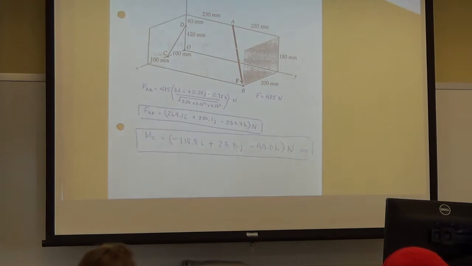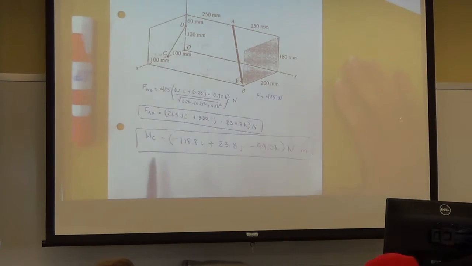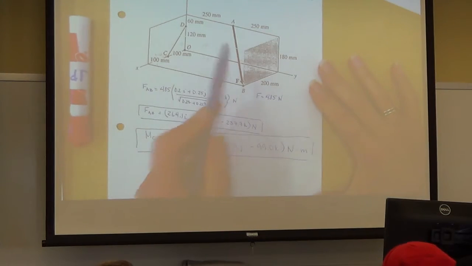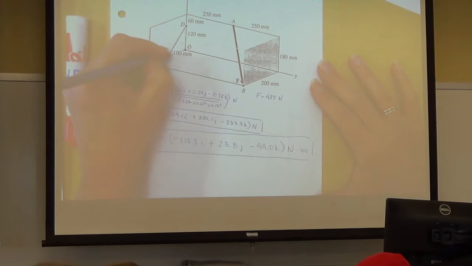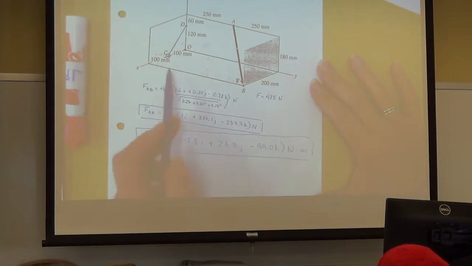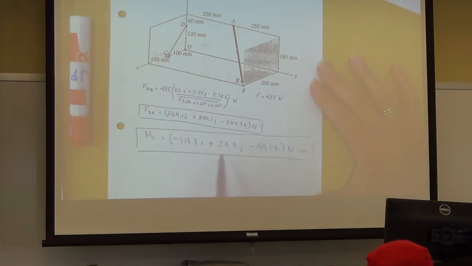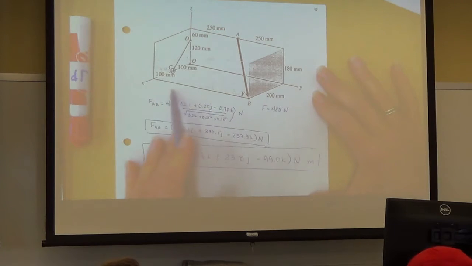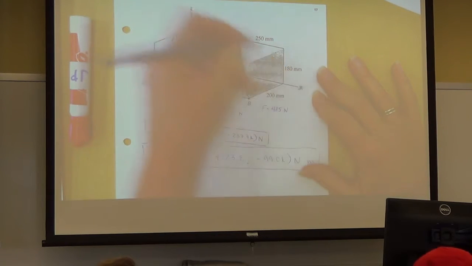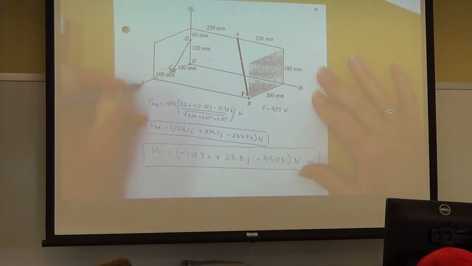Okay, this is really important. What you're doing is you're finding out the spin that this force creates about this point. And I found out that it has a negative x, a positive y, and a negative k. Now, I don't want the axes here to confuse you because you're finding the axes about C. So I'm going to cross these out now because I want to make sure I don't get confused.